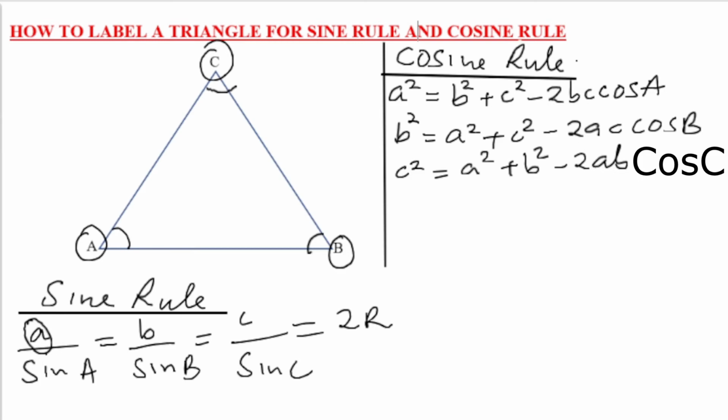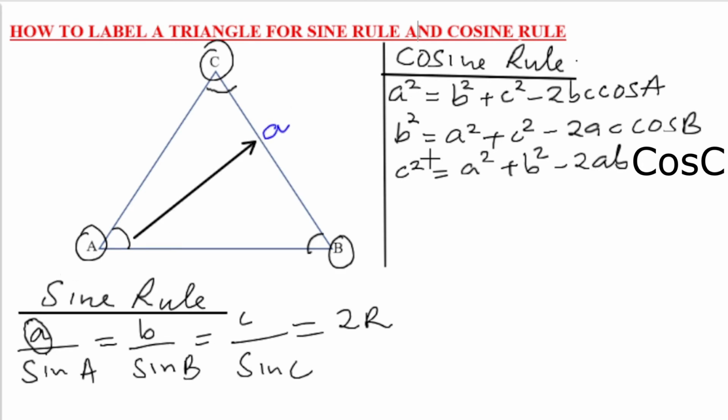That's what I want to show us, and allow me to use arrows. I'll begin with this angle A. If you want to know where the side will be, it's normally the opposite side of the angle. Like in this case, I'll come here and I'll say this now will be side a.